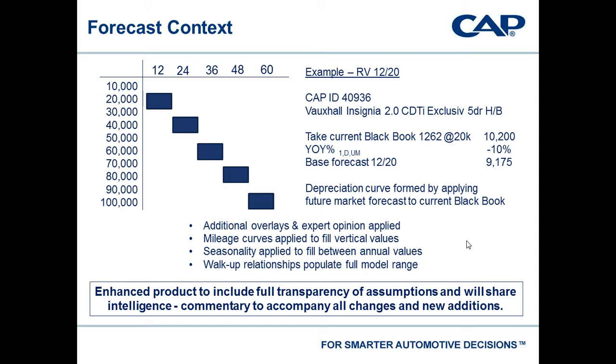But that's not the end of the story. We then have further adjustments which we make to that. There is an element of model life included in that year-over-year percentage deflation, but that's an average for that sector and fuel type that we've done the deflation forecast for. We recognise that some vehicles, if they are newer, will do slightly better. Some vehicles which are older or due for replacement will do slightly worse.